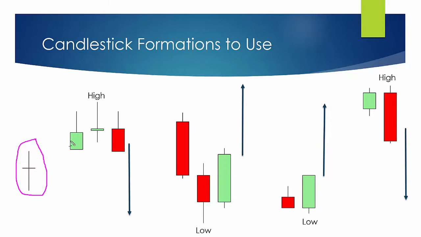The next pattern is called a 3-bar reversal to the downside. As you can see, this center bar forms a high when compared to the bar before it and the bar after it, so it makes a little peak.